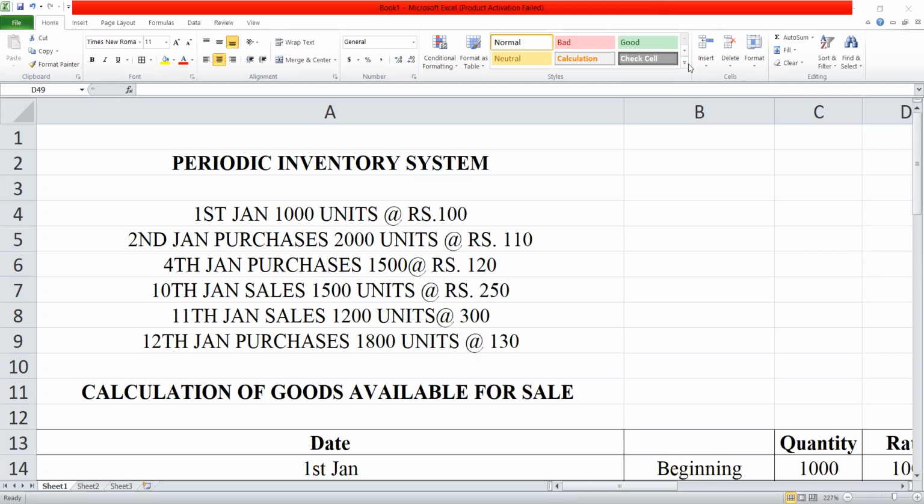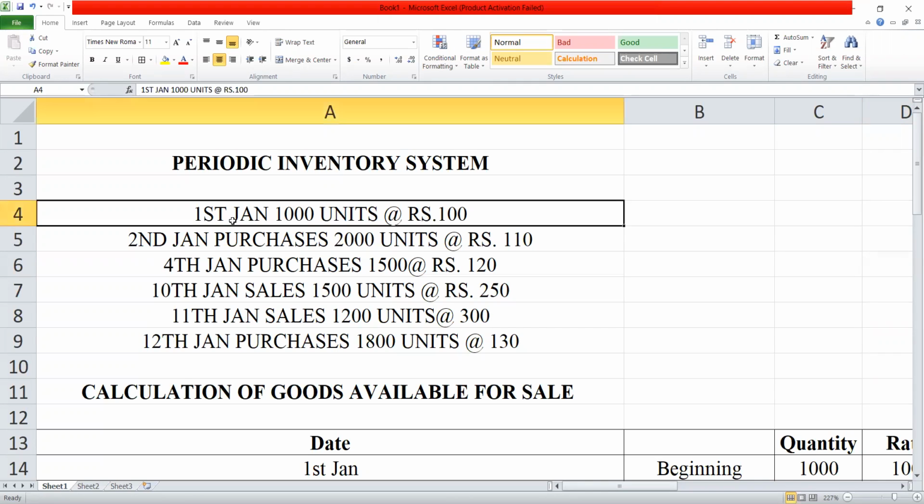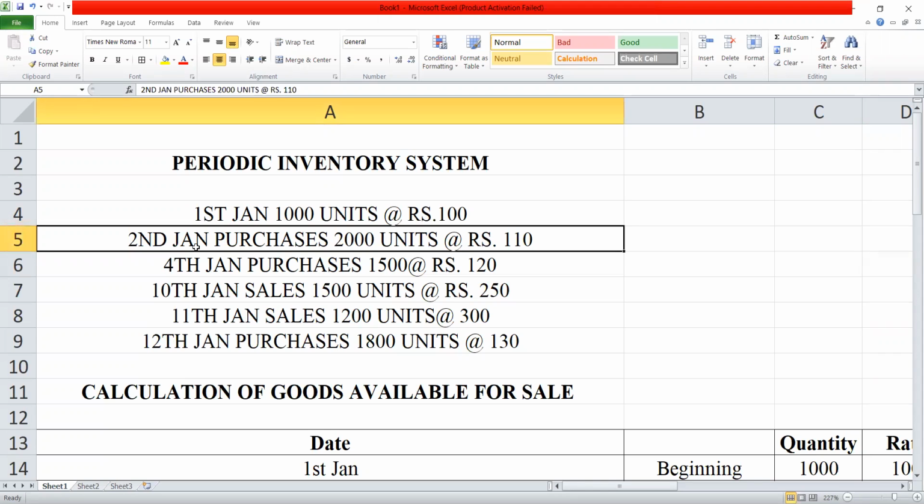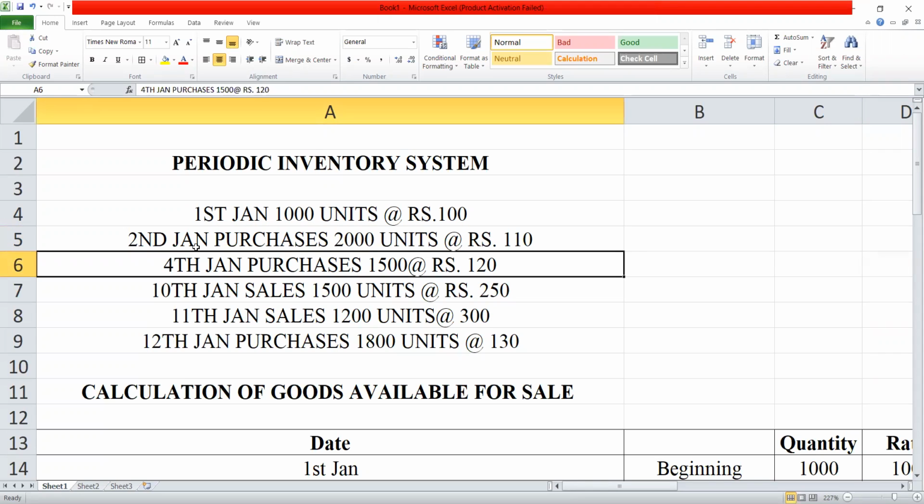Here's a question. First of all, on 1st Jan there are 1000 units at rupees 100. On 2nd Jan, we purchase 2000 units at rupees 110. On 4th Jan, we again purchase 1500 units at rupees 120. On 10th Jan, we had sales of 1500 units at rupees 250.